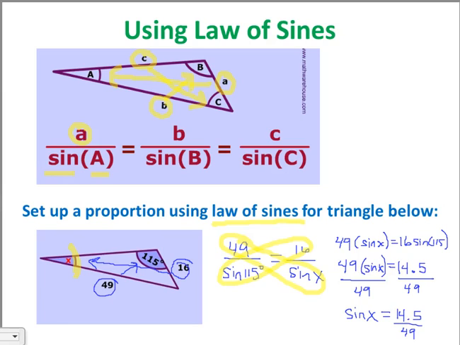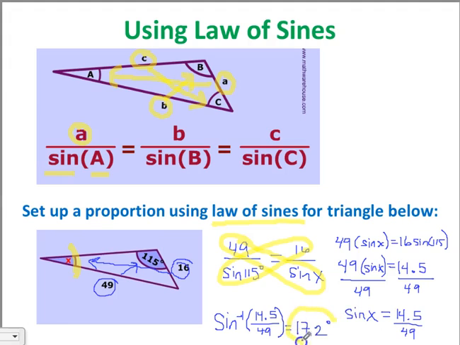So I'm going to type into my calculator sine to the -1 of 14.5 over 49. That's how I'm going to solve for that unknown angle, for x. And when I do that, I get 17.2 degrees. That's my final answer.